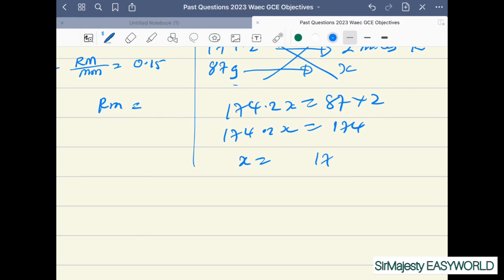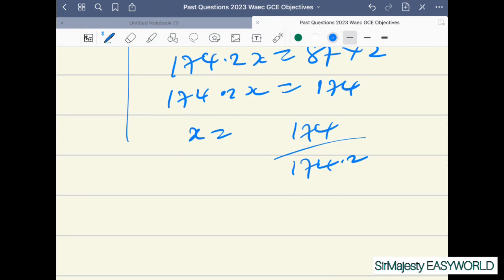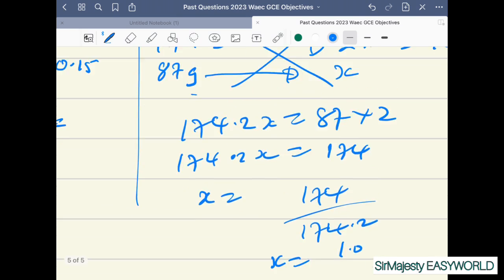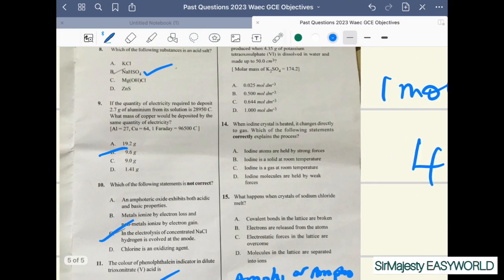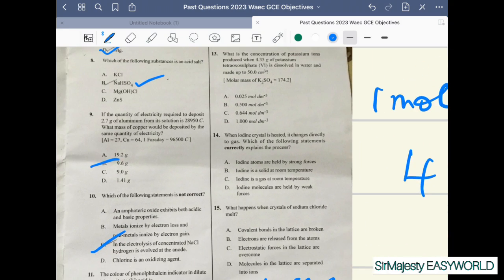X is equal to 174 divided by 174.2. This will give you something like 0.99999, which is automatically 1. Understood? Yes. So the answer to the question is 1.0 mole concentration of potassium. Going back to the question, that's option D, number 13.